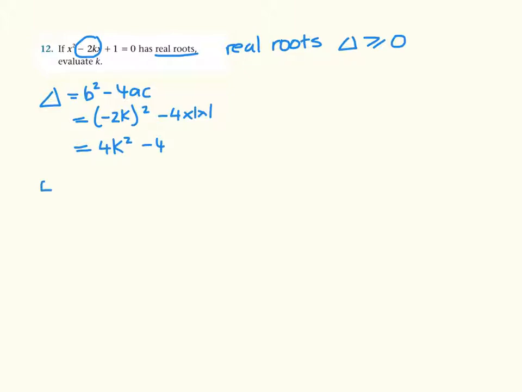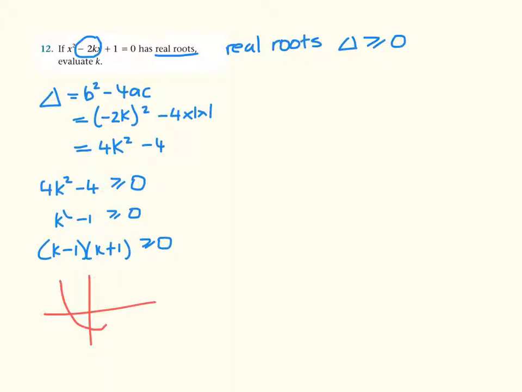Alright, now we need this to be greater than or equal to 0. So 4k squared minus 4 is greater than or equal to 0. Dividing through by 4 gives me k squared minus 1 greater than or equal to 0. Factorising the difference of two squares, (k minus 1)(k plus 1) is greater than or equal to 0. Now hopefully you've realised that this is a quadratic inequation, so we need to do a quick graph. We would have negative 1 and 1, and we're looking for the parts of the curve which are above the x-axis, so greater than or equal to 0.